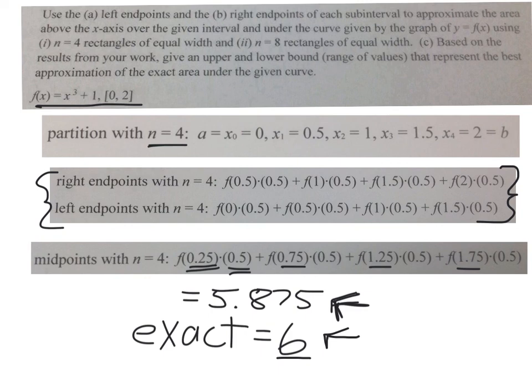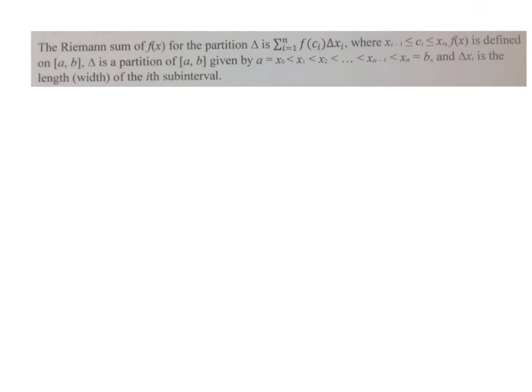But anyway, every one of these sums has a special term. These are called Riemann sums. And we'll look at what a Riemann sum is defined as in general. The Riemann sum for some function f of x, and for the partition, again we use this fancy symbol that looks like a triangle, but that's the Greek letter delta.